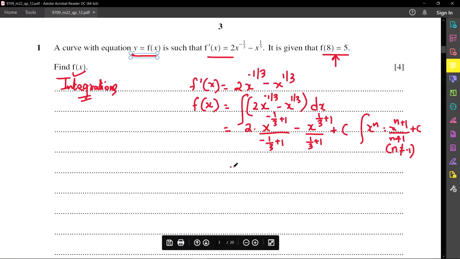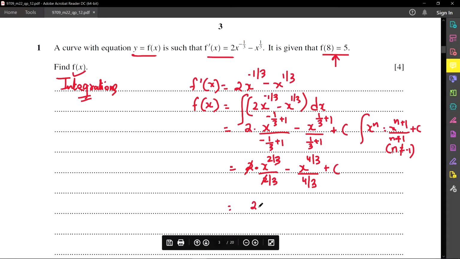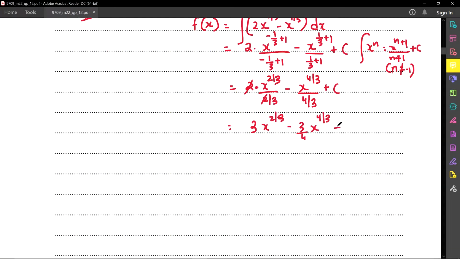So this will give you 2x power 2 by 3 divided by 2 by 3, minus x power 4 by 3 divided by 4 by 3, plus c. When you simplify this further, this becomes 3x power 2 by 3 minus 3 by 4 x power 4 by 3 plus c.